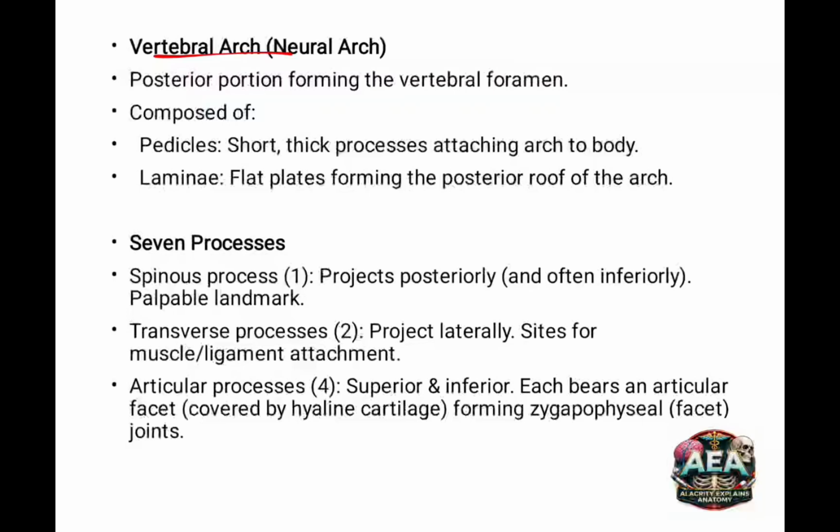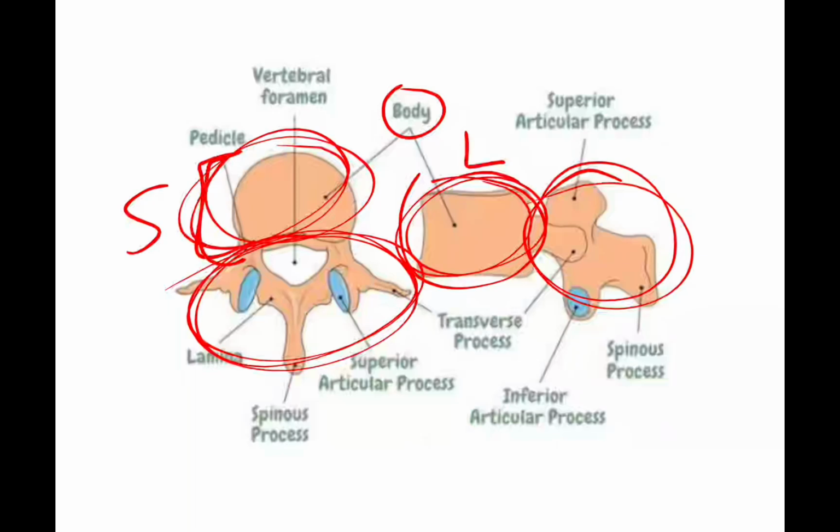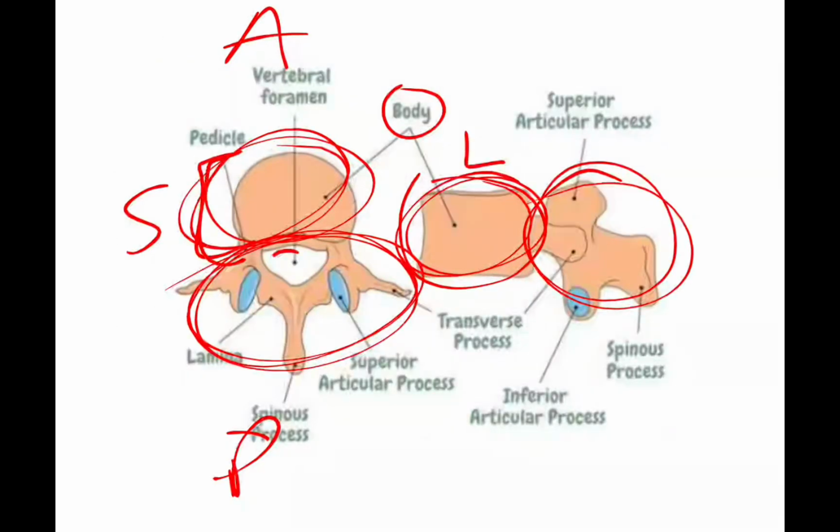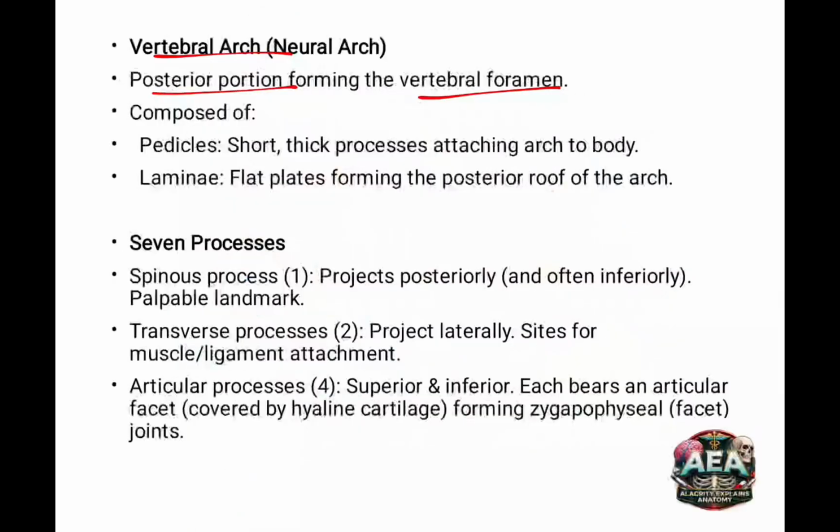If you look at this image, this is anterior here, this is posterior here. So it forms the posterior portion, forming the vertebral foramen. Look at this space you have here. It forms the vertebral foramen.